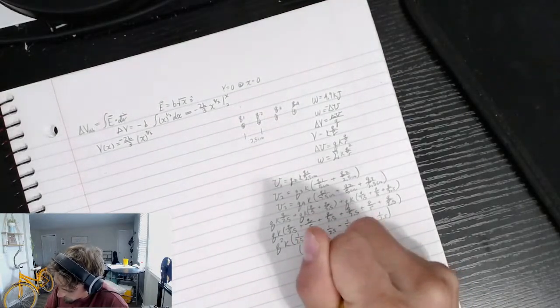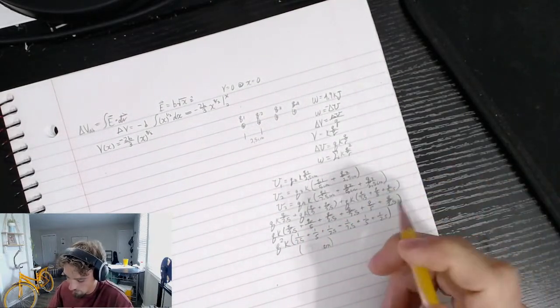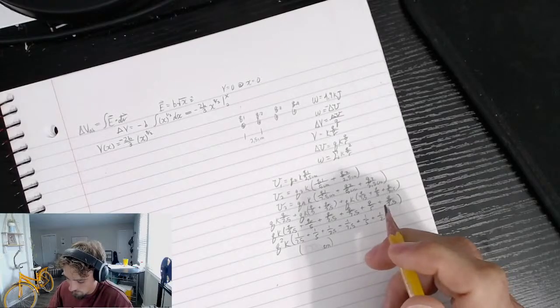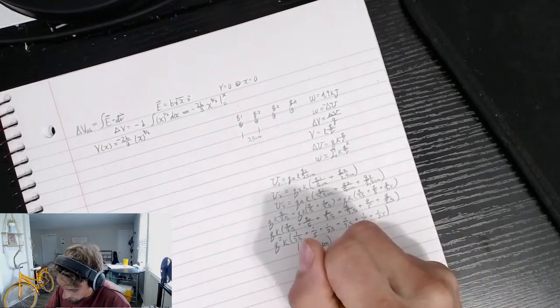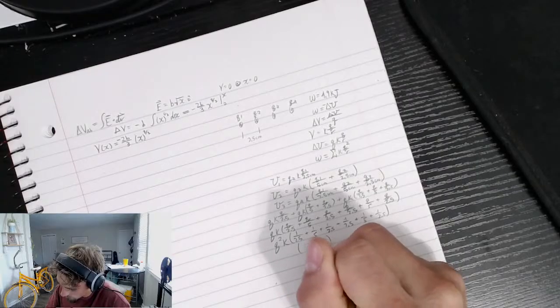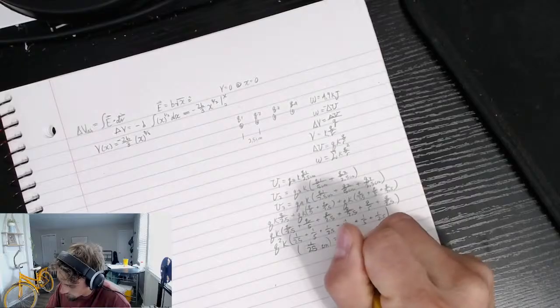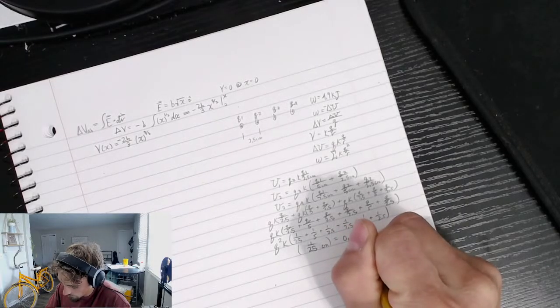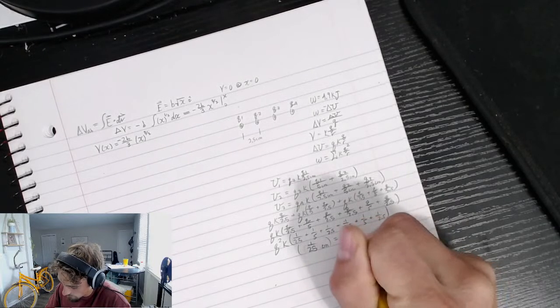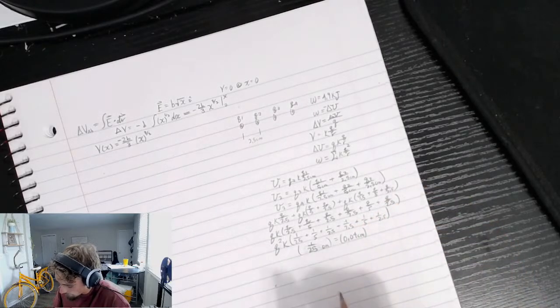What the heck, guys? I don't know how that happened. I must have missed something. Anyways, 1 over 25. That's what we're going to get here. 1/25 centimeters, which also equals 0.04 centimeters. Accurate? I believe so.